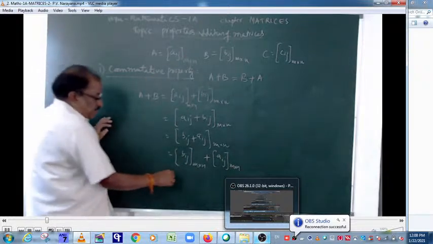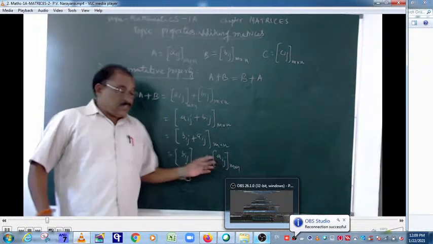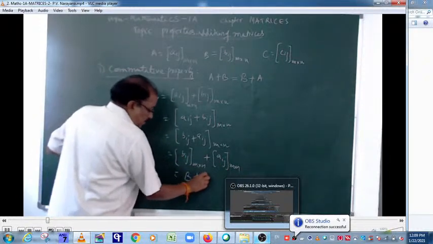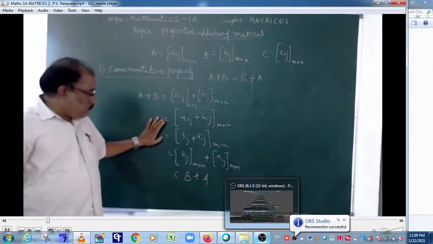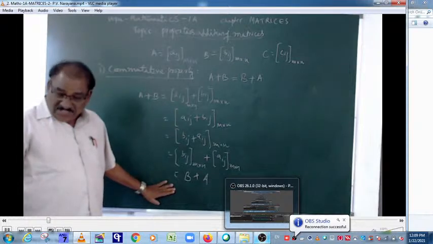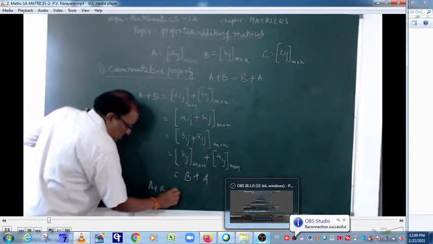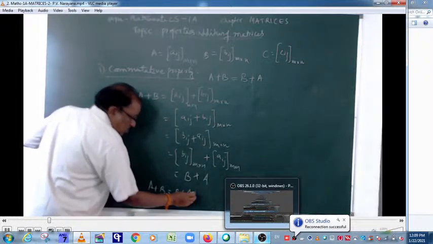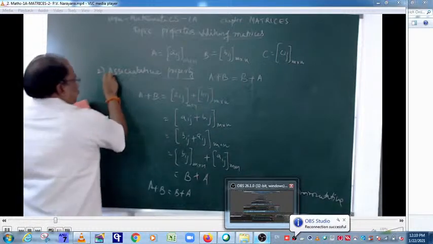It is nothing but capital B. And what about [a_ij]? This is also capital A. We started from A plus B, but our result is B plus A. Therefore, A plus B is equal to B plus A. So, this is the commutative property of addition.